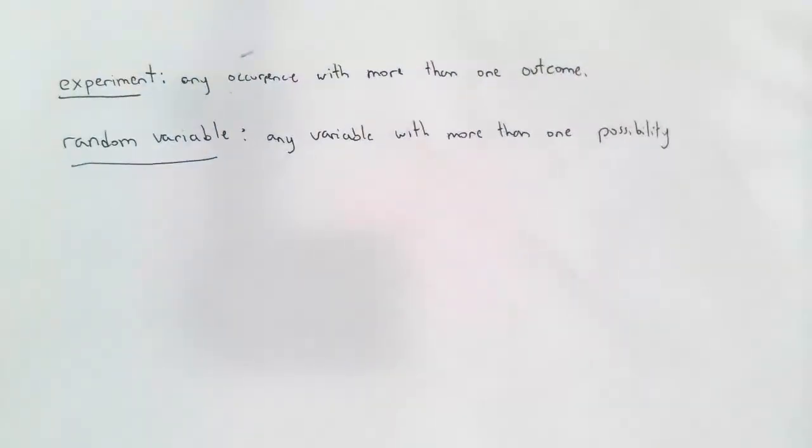For example, I flip a coin. My coin can land heads or tails. I can say that my random variable consists of what the coin lands on, heads or tails. However, experiments can have more than one random variable. Another random variable for my coin flipping experiment can be the time it takes for the coin to hit the ground.